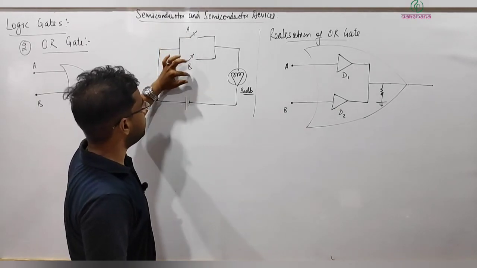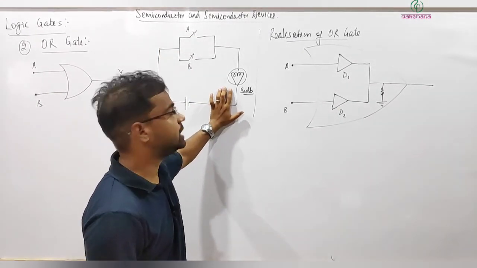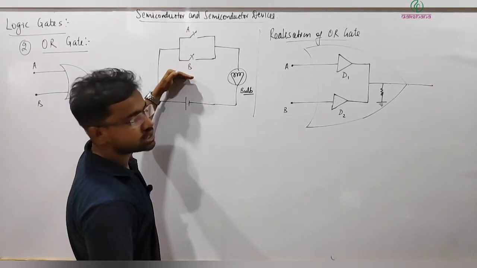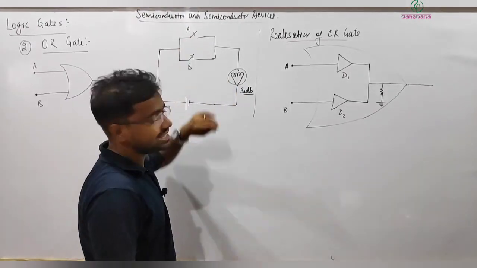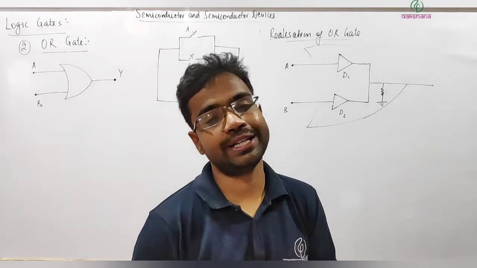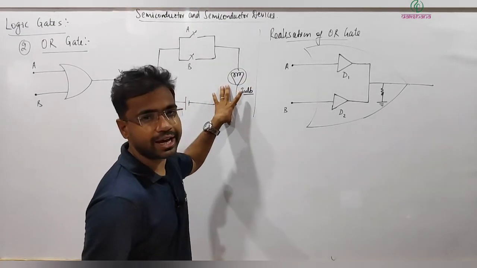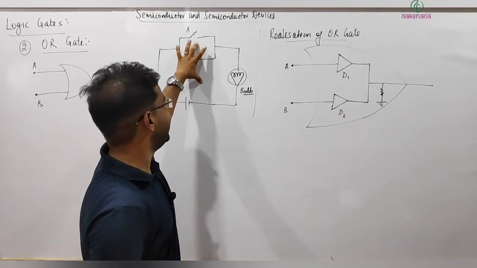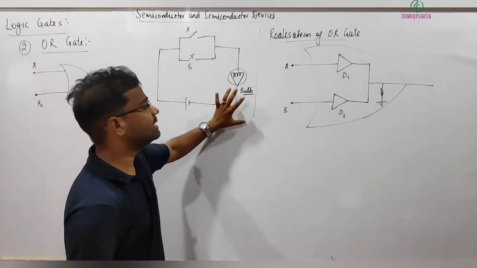When A is off and B is on, we also get high. If we switch both A and B on, it is still on. So in all cases, one high and one low, or both high, we get high output, and the bulb glows. There is only one possibility, when both are low, where we get low output.